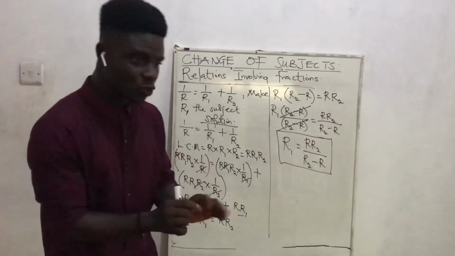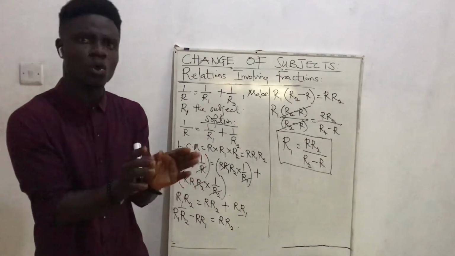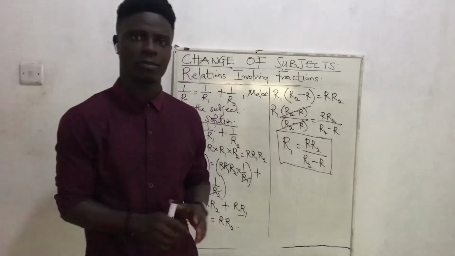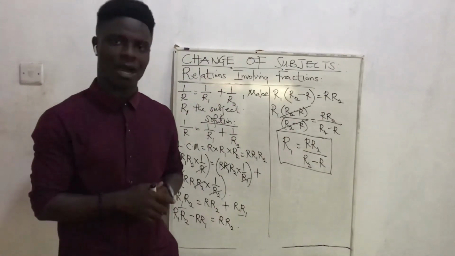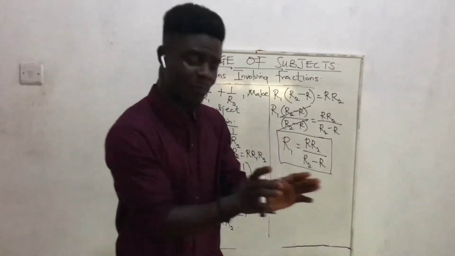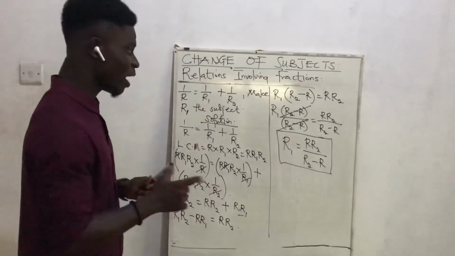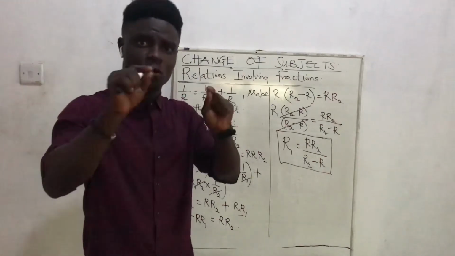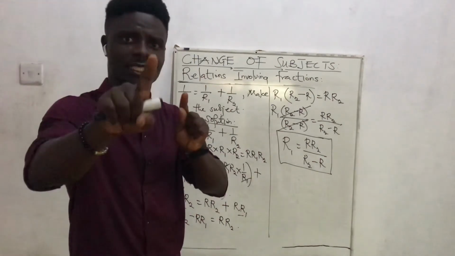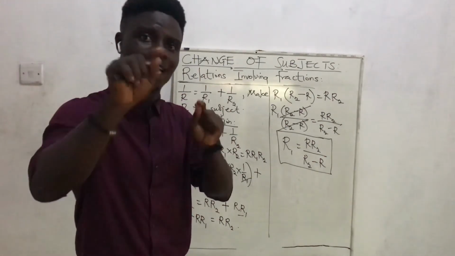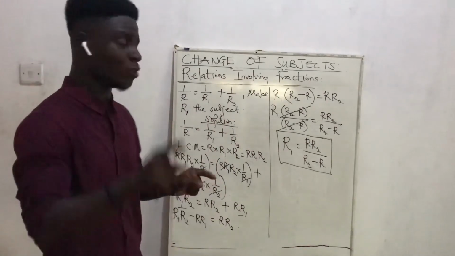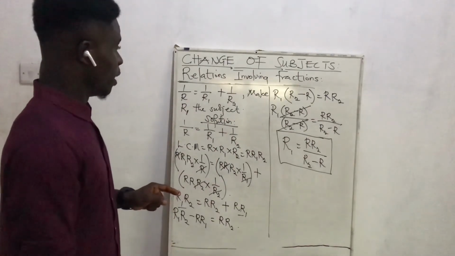When you get to where you want R, make sure to group them at one side, then factorize R out. So if you have any problem, call 05410864890, so that I'll attend to you early.